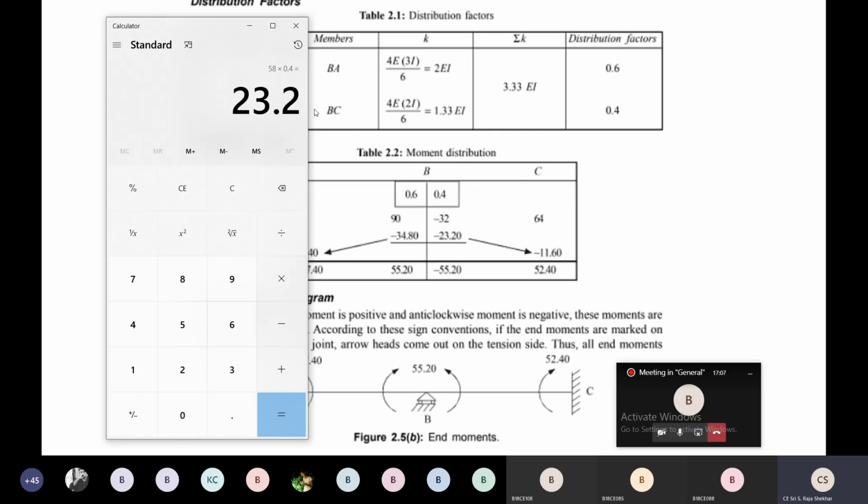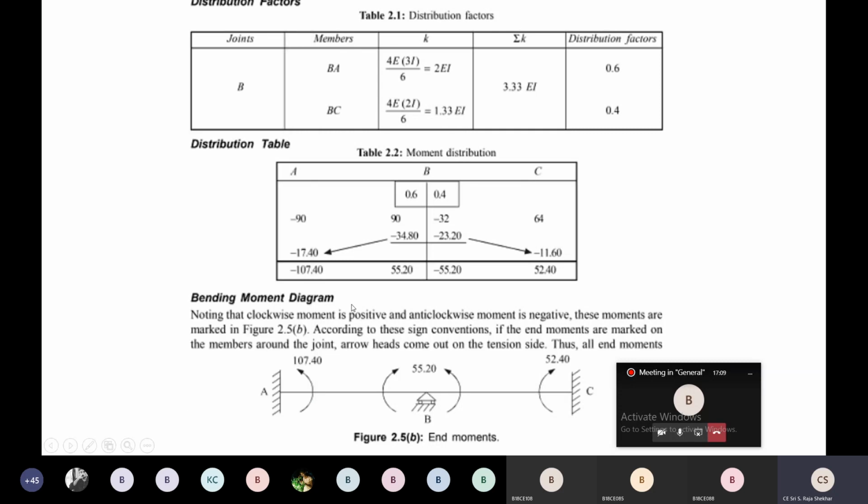But on the opposite side, we have to write the sign opposite to whatever value we are getting here. We deducted 90 minus 32 and got plus 58, so we have to add the opposite sign. Taking 58 multiplied by 0.6 gave 34.80, and its sign has to be made negative. If positive comes, make it negative; if negative comes, make it positive. So minus 34.80 is distributed to the member BA and minus 23.20 is distributed to the member BC.